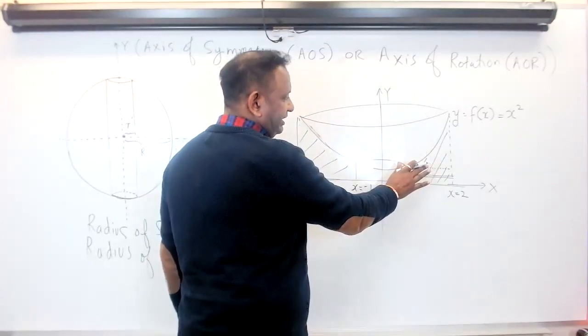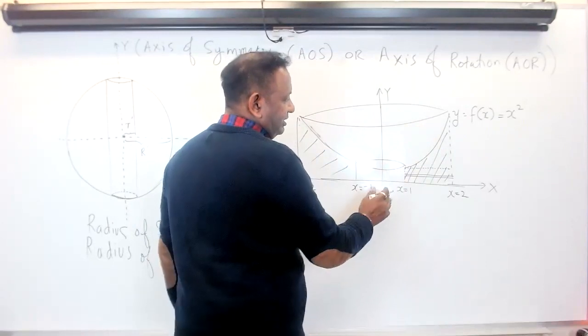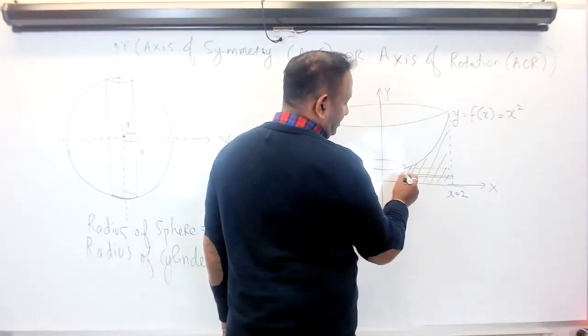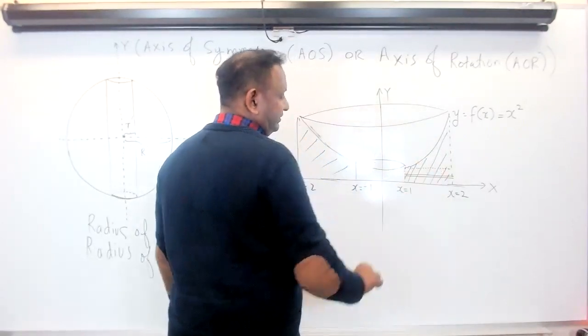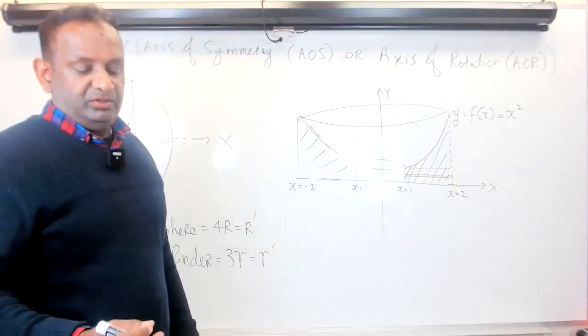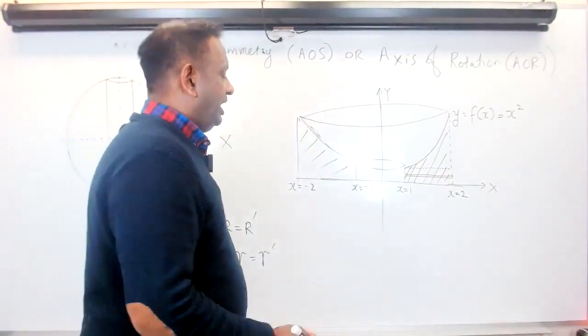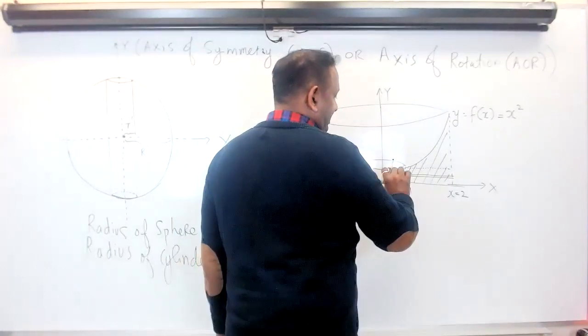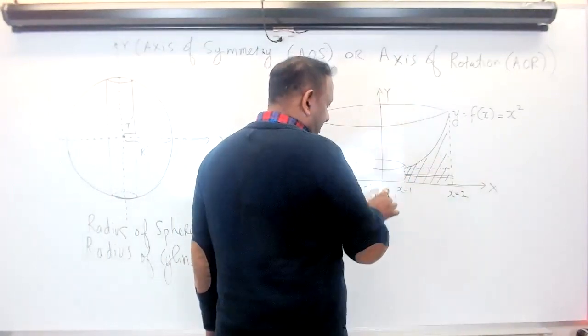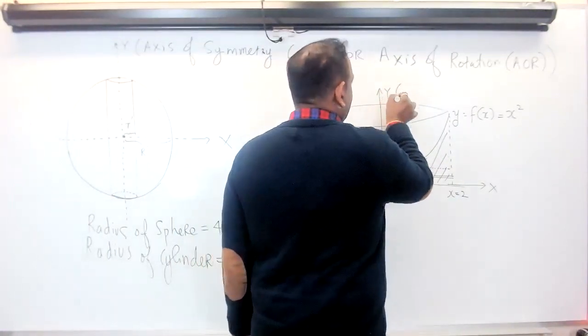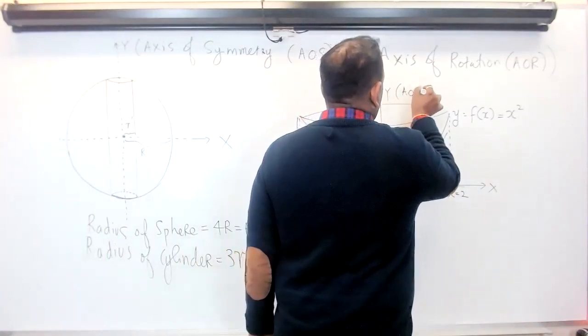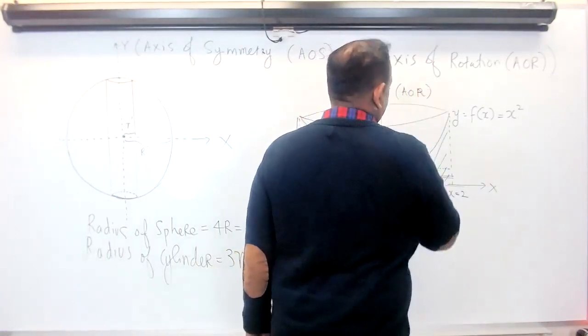Let's get back to this area under the curve. This area, small strip. Why does it go this way, horizontally? Because if you are planning to use the washer method, you have to have that strip perpendicular to the axis of rotation. This is the axis of rotation.